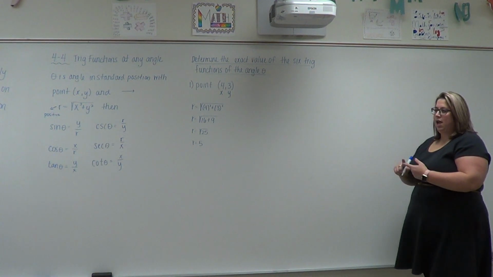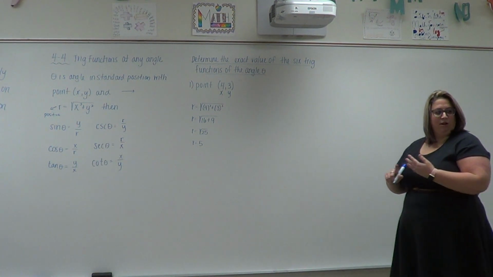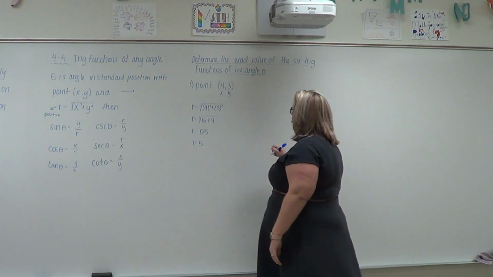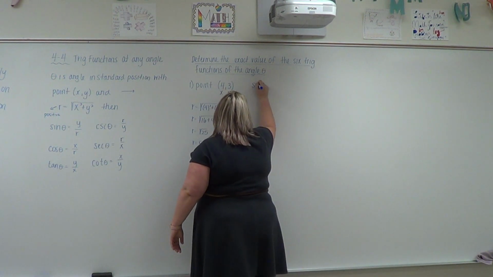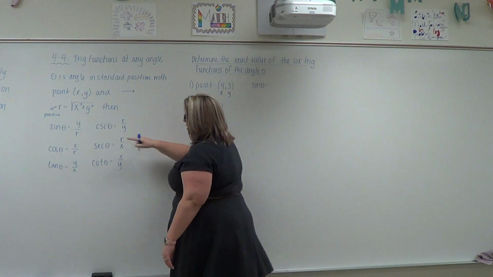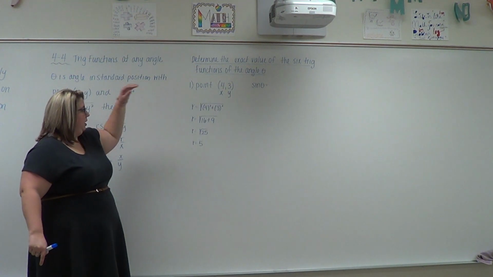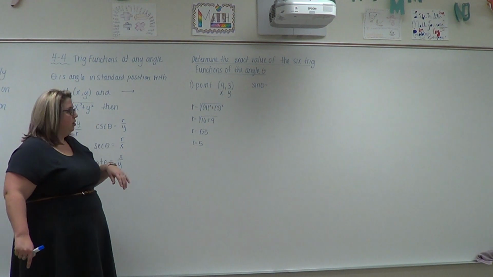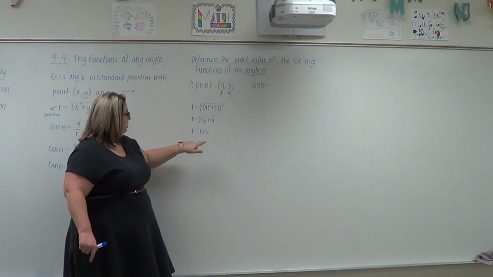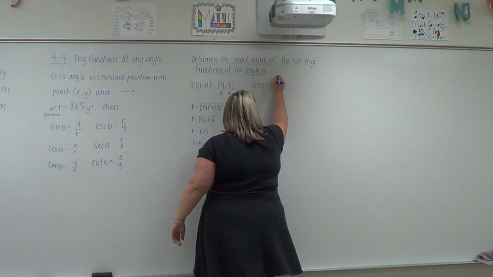Okay, so once you know x, y, and r, all you're doing is just plugging them in. So sine is equal to y over r. So what would sine be? 3 over 5, because this is my y, this is my r, so sine is 3 over 5.